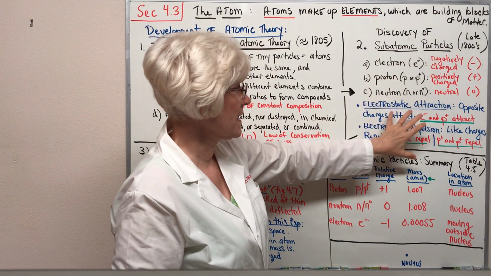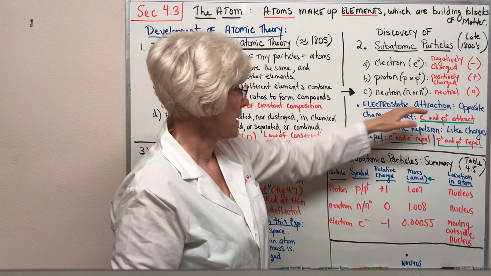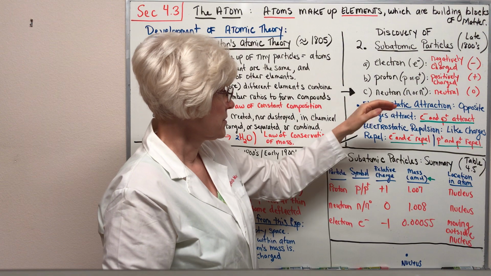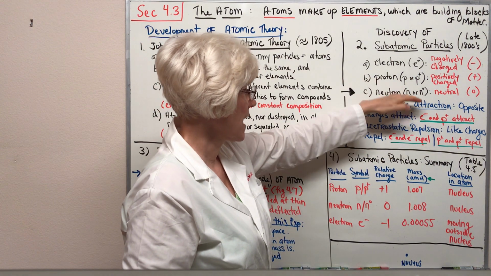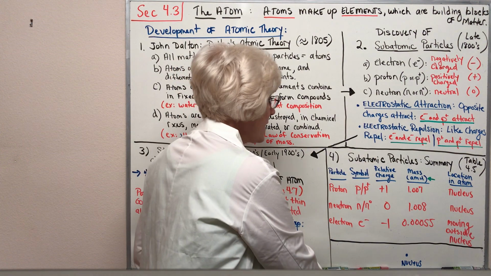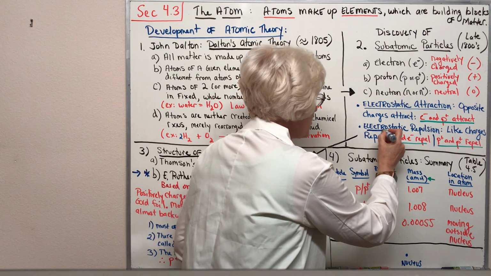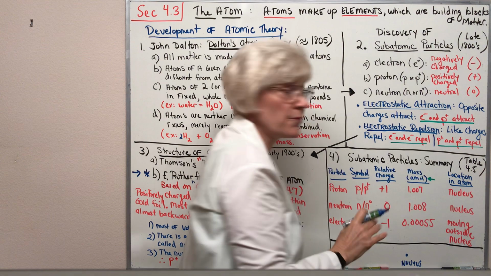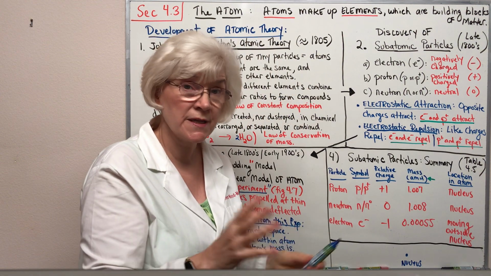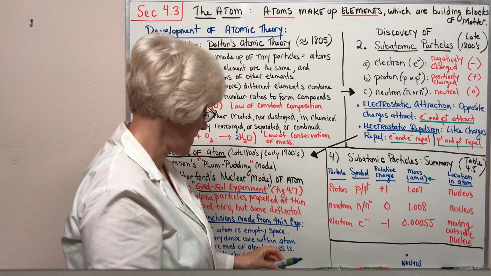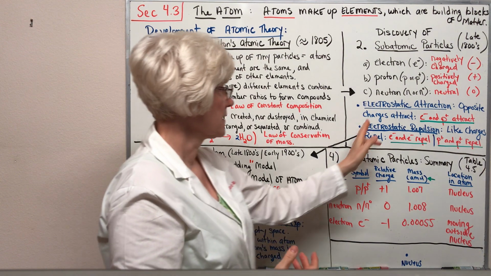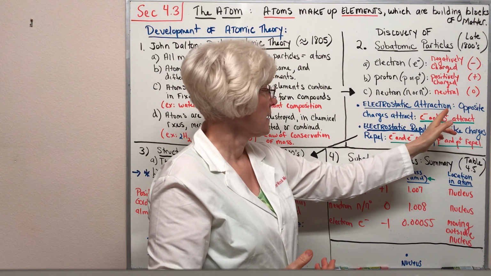And since we're speaking about charges here, it's important at this point to introduce you to the idea of electrostatic attraction and electrostatic repulsion. These are two important concepts that we'll be using throughout this semester as we discuss and learn more about chemistry. So, electrostatic attraction.